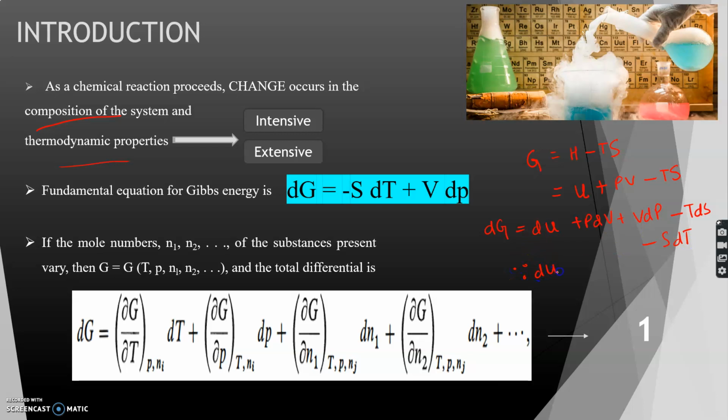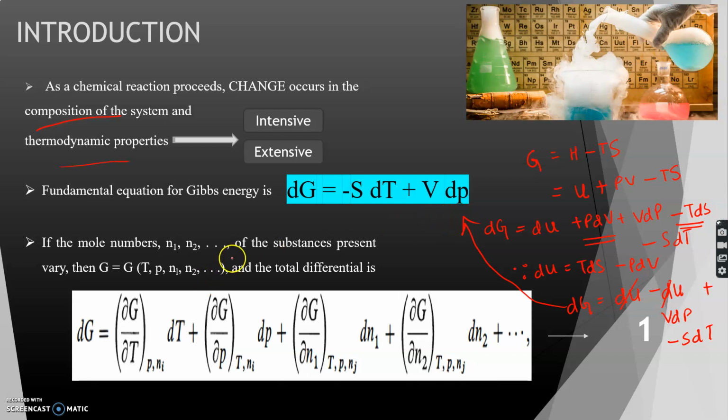Since dU is equal to TdS minus PdV, this is PdV, this is TdS, therefore dG is equal to dU minus dU plus VdP minus SdT. This will cancel out and we will get this form of the equation where dG is equal to minus SdT plus VdP. This equation holds true for a constant composition.